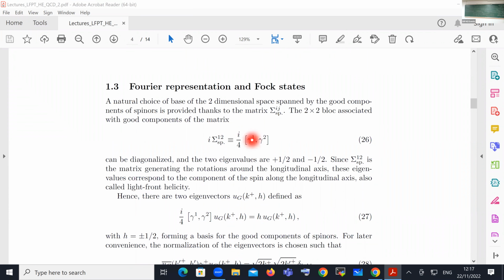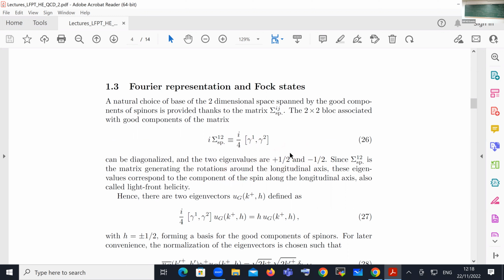So basically here this guy would be a 4 by 4 matrix in principle, but if we project it on the good components, we would get a 2 by 2 block out of this 4 by 4 matrix, and this 2 by 2 block can be diagonalized actually, and there are two eigenvalues which are +1/2 and -1/2.